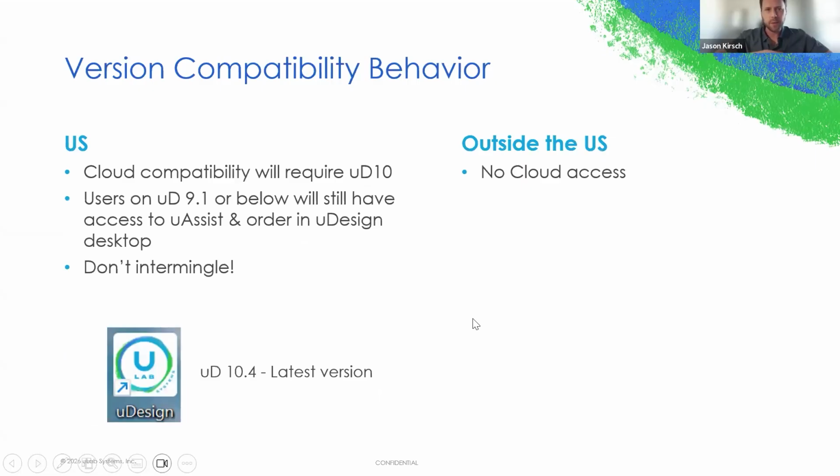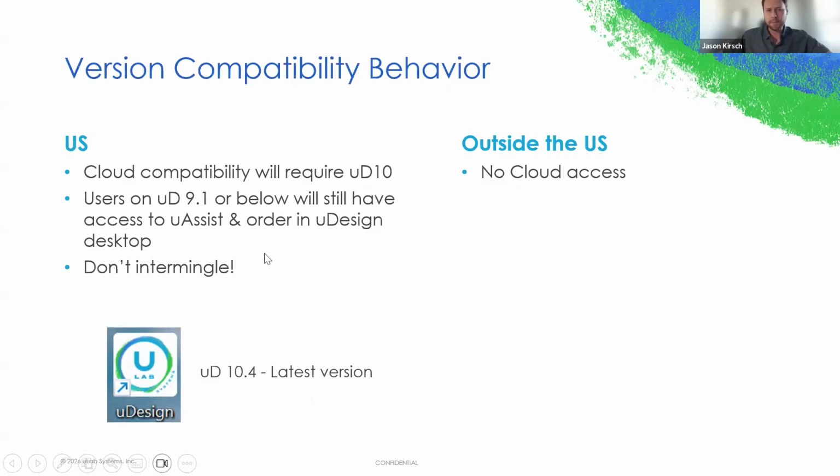Before I get into the software, in order to use the cloud, you do have to be on version 10 of uDesign. Version 10.4, as you can see here at the bottom, is the latest version that we have. But really, if you're on any version 10 software, you'll still be able to use the cloud in this new 2.0 version.